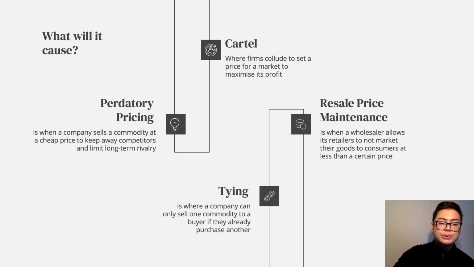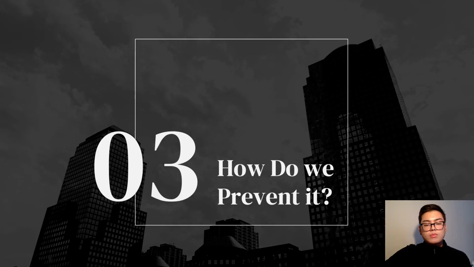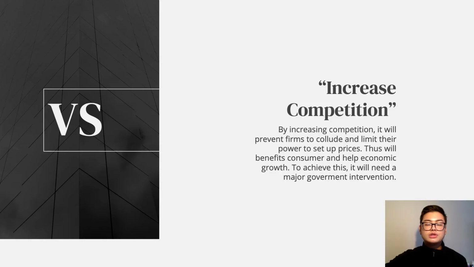And it will also cause tying. This is where a company can only sell one product to buyers if they have already purchased another one. And how do we prevent it? How do we tackle this problem? The shortest answer to that question is to increase competition.